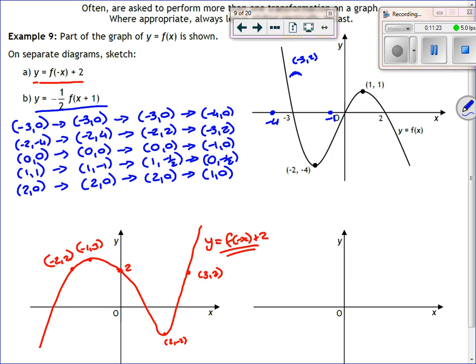1, 1 was a maximum. It flipped to become a minimum. It compressed up slightly and then moved to the left. So that's going to be a minimum turning point at 0, negative a half. And finally 2, 0 stays as 2, 0 for the flip and the half, but then goes to 1, 0.